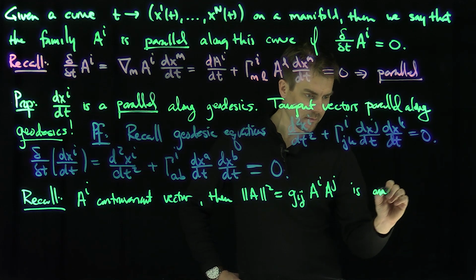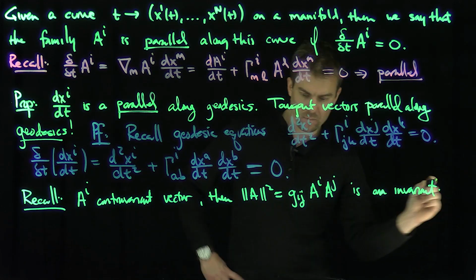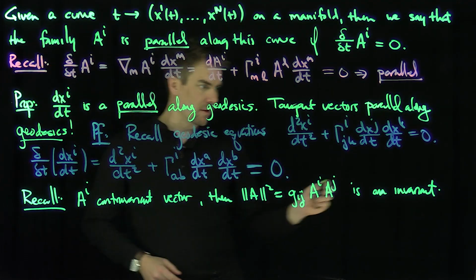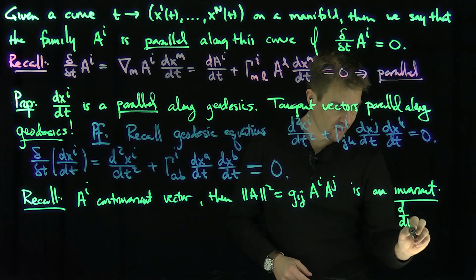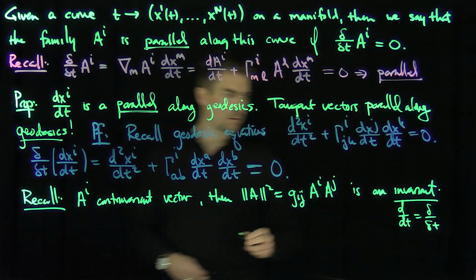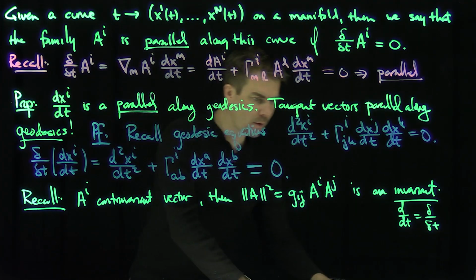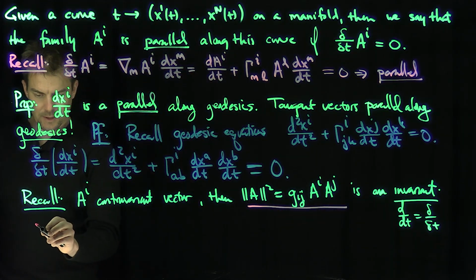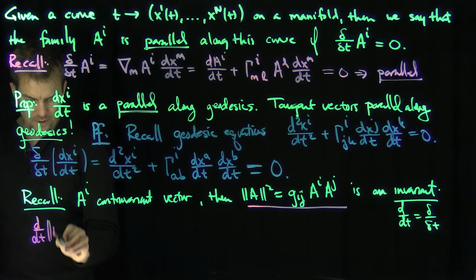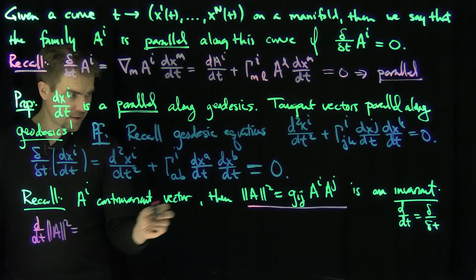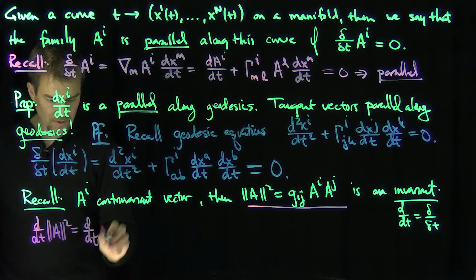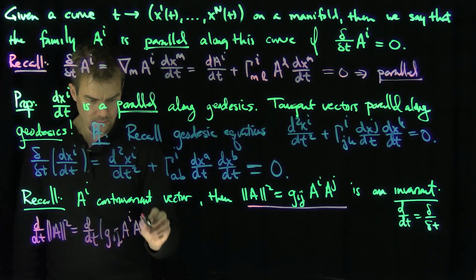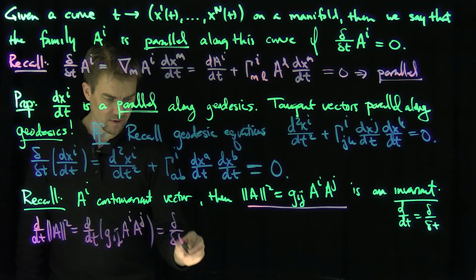Since it's an invariant, its intrinsic derivative is its derivative: d/dt, the total derivative, is equal to the intrinsic derivative. So let's differentiate this equation. d/dt of the length of A squared is d/dt of g_ij A^i A^j, which is the same as the intrinsic derivative of this.